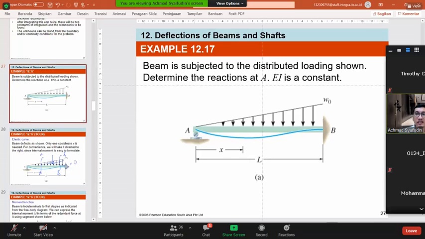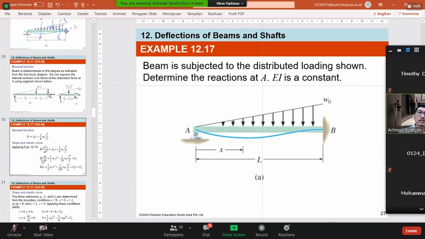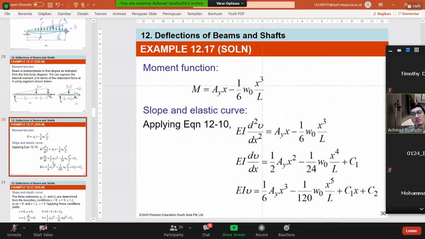The question is the reaction at point B. Even though this is an indeterminate problem, we can solve it by putting in more equations, more formulations. I said before, it is formulation. But from double integration, you already get two more formulations, or two more equations.